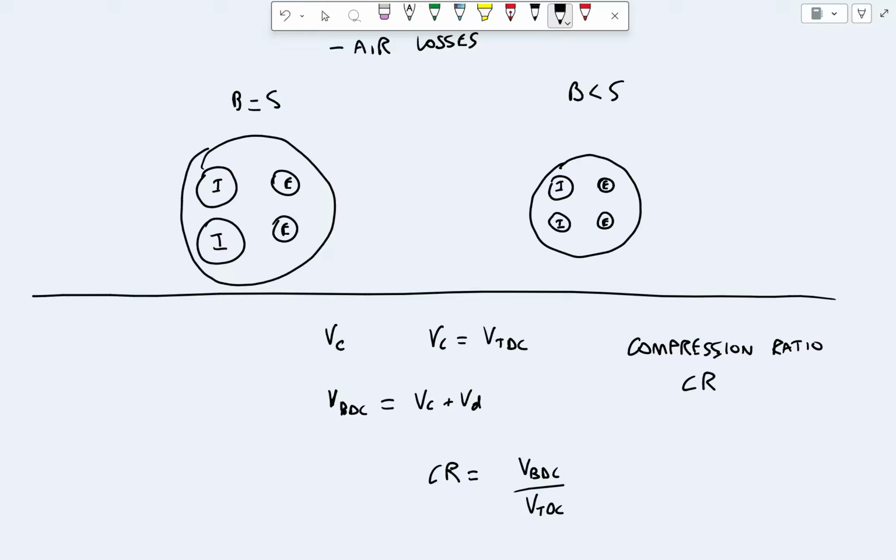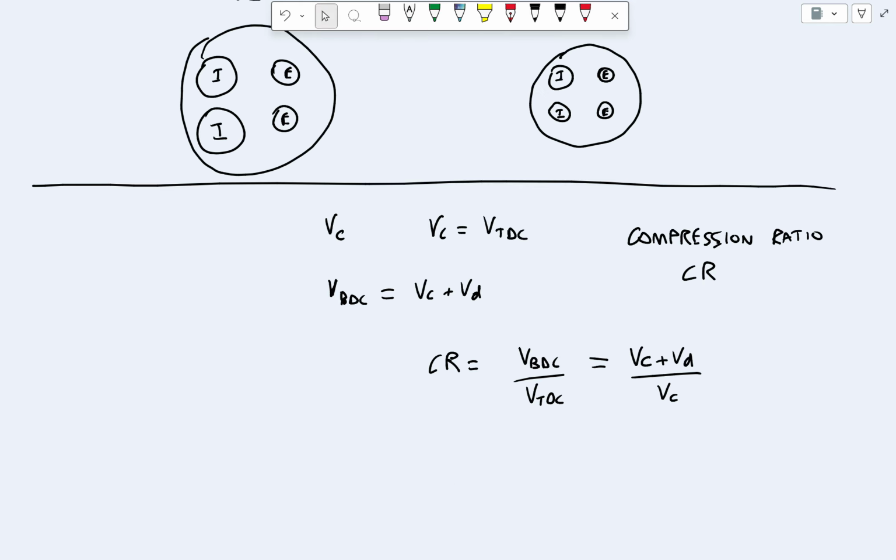It essentially gives us the multiple by which we compress the fluid from bottom dead center to top dead center. So if we were to reduce the volume by 10 times, that would give us a compression ratio of 10, for example. We can write this in terms of VC and VD: CR equals VC plus VD over VC. We can use this to figure out what the compression ratio for our engine is.